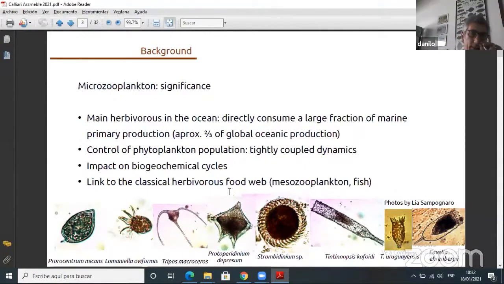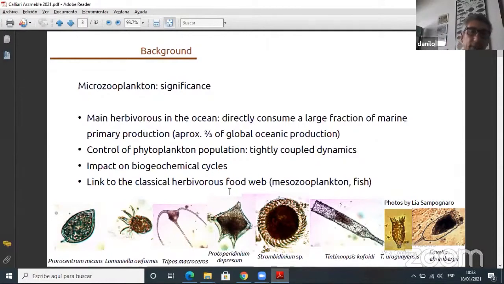That's a very important community because they are currently considered to be the main herbivorous organisms in the ocean. They probably consume in the order of 2/3 of the global oceanic primary production. Due to their small size and rapid generation times, they are able to control phytoplankton population dynamics.